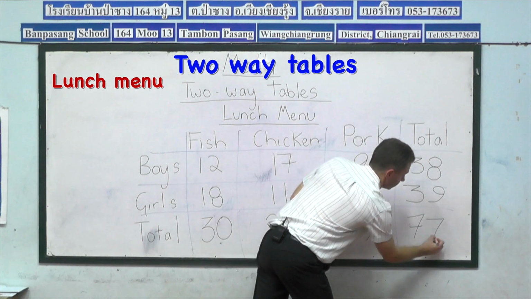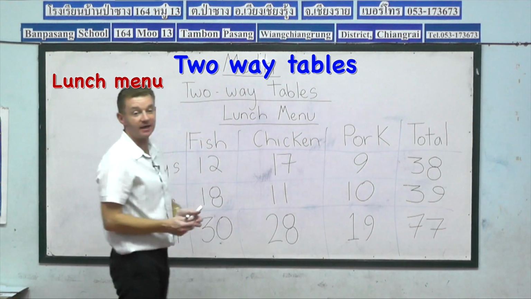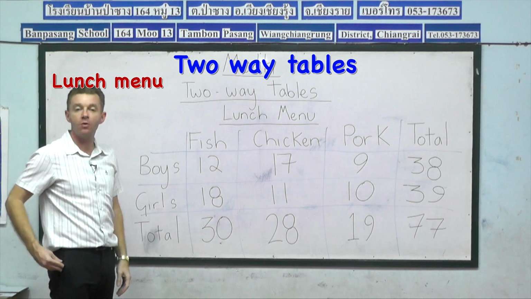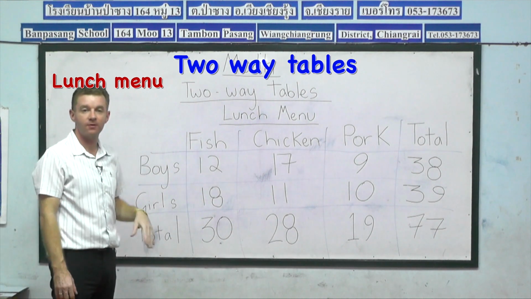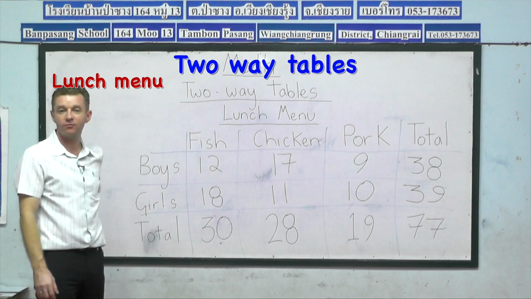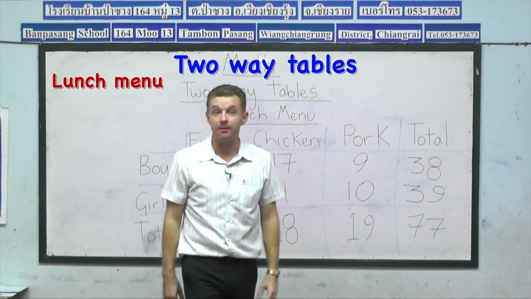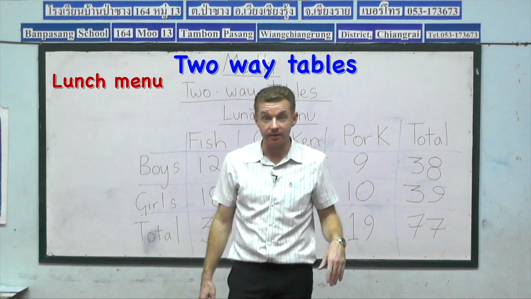These are our information. So you see how much information we can get from a two-way table. Not only can we get all of the amounts of food, but we can also get the total amount of students at the school. And that's how to read a two-way table correctly. Guys, that was brilliant. Very well done.